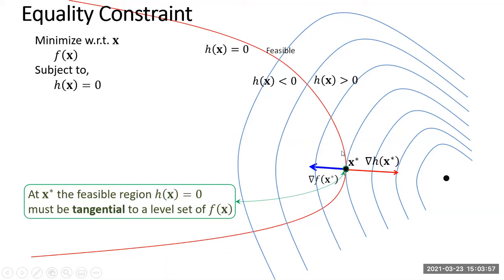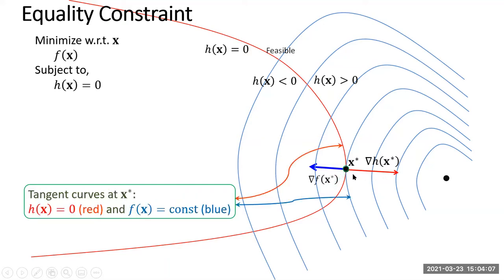If these two curves are tangents, and since their dels, their gradients, are orthogonal to these two curves, the gradients must be... see, these are the two curves I'm talking about, tangent curves, okay? These two curves are tangent to one another.